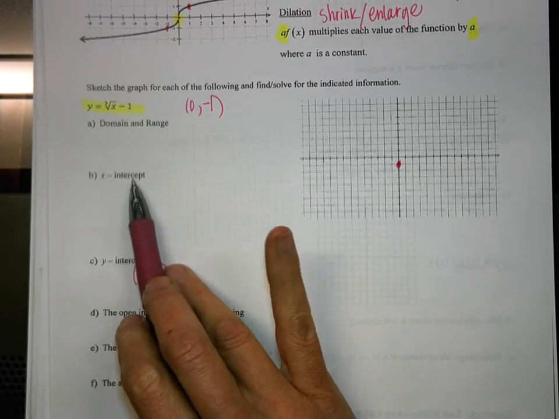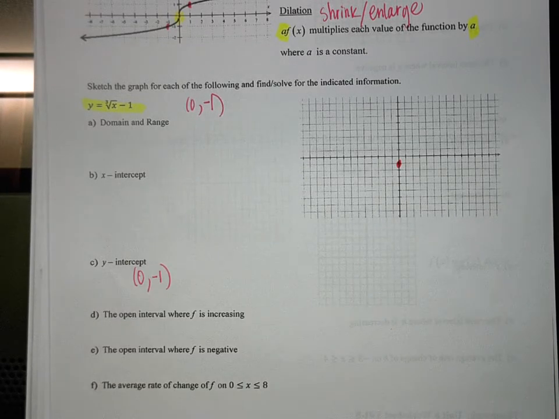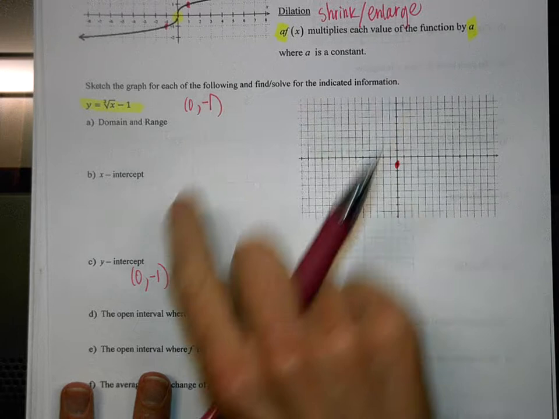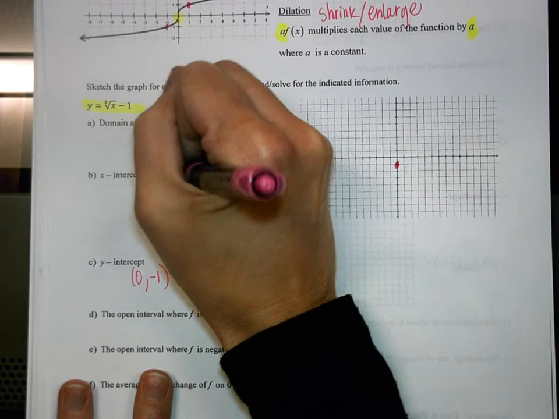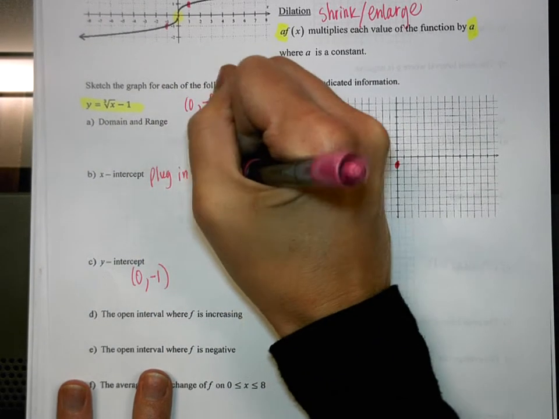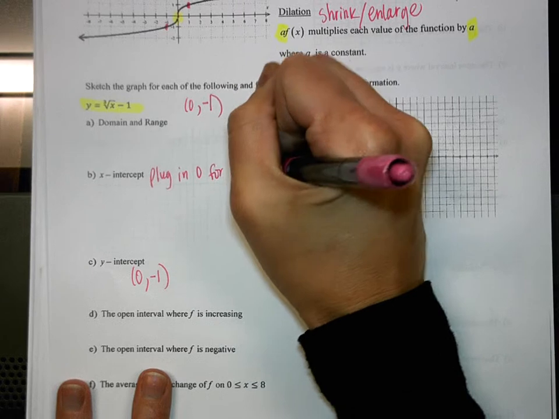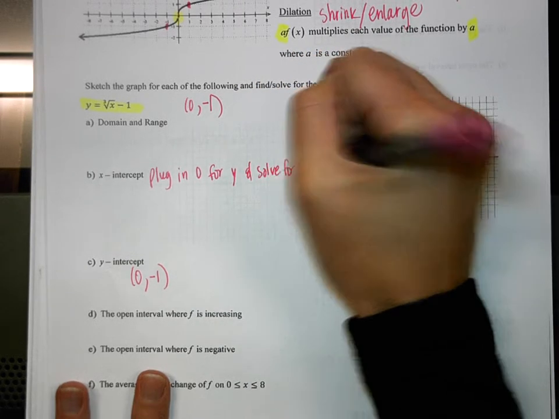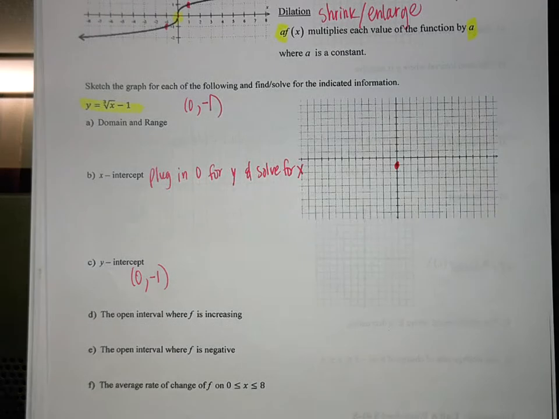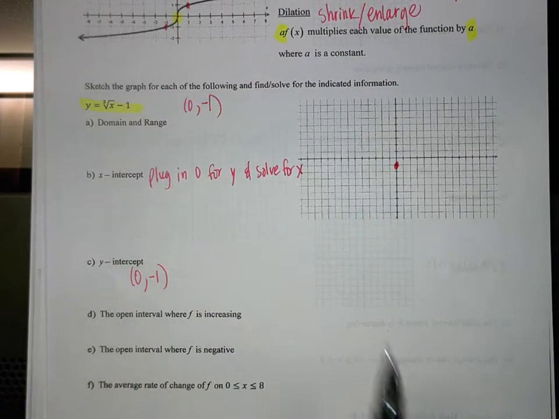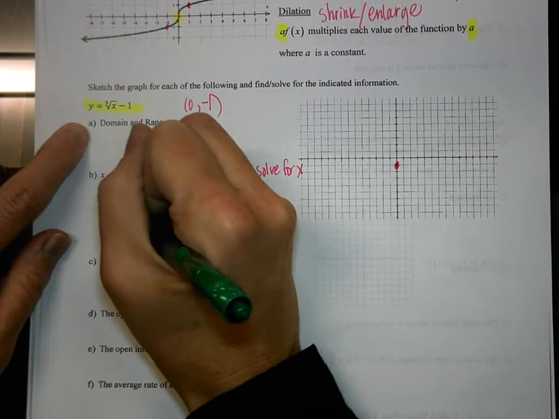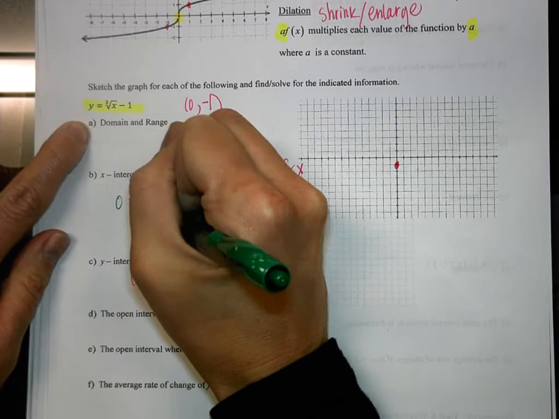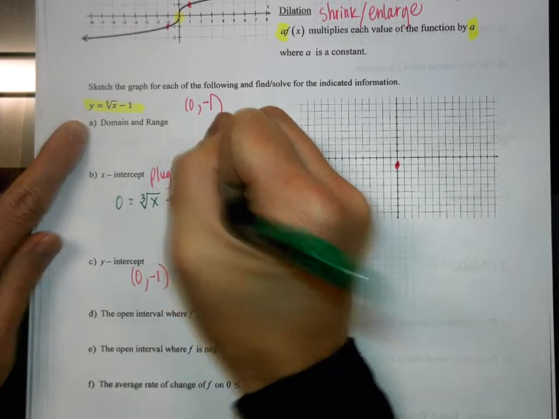Next, we're going to find our x-intercept. Again, we know that we plug in 0 for y and solve for x. So I have 0 equals the cube root of x minus 1.